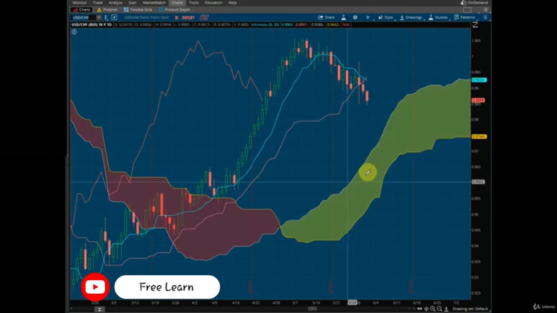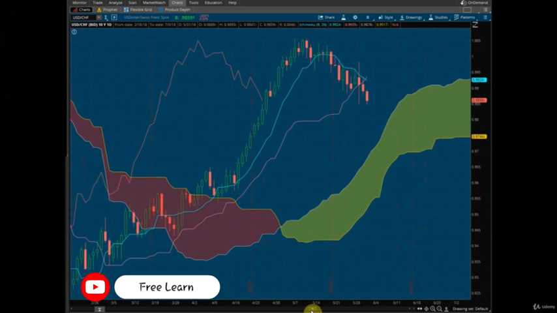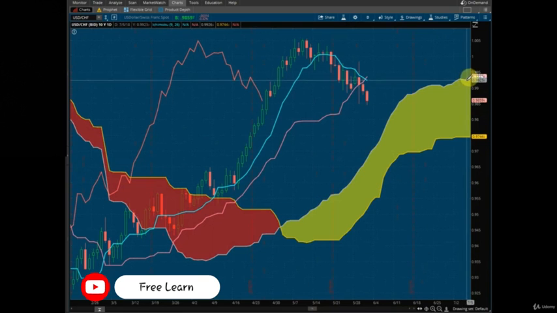So it's an average of these 2 lines together, but then it goes a step further and plots it into the future. Once again, Ichimoku charting was created to see the past, present, and the future. So this is the future aspect of the Ichimoku cloud.